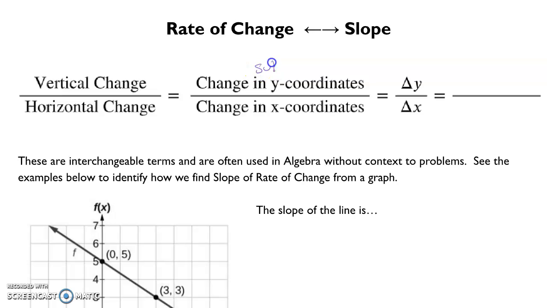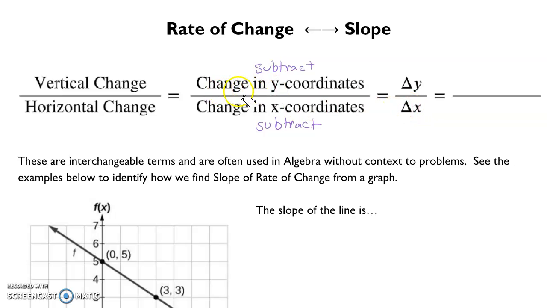I am going to subtract my y coordinates, divide by the difference, or subtract my x coordinates. We use this triangle here to represent the change in, that's the word delta, but we just say change in y over change in x, or delta y over delta x.